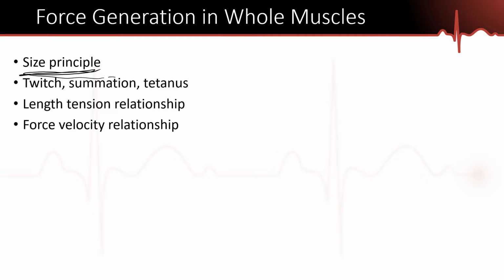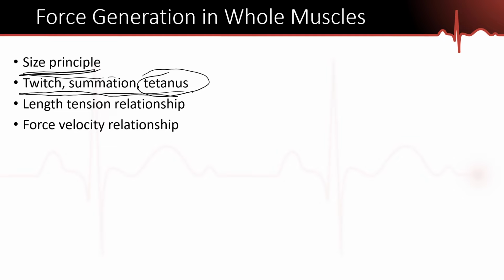You also have to be thinking about, are the muscle fibers that are contracting within that muscle in a state of tetanus? I said the smaller, slower twitch ones tend to be activated and put immediately into a state of tetanus, but the larger muscle fibers, oftentimes when they're initially activated, are not in a state of tetanus. So that can have an influence over how much force a whole muscle produces.